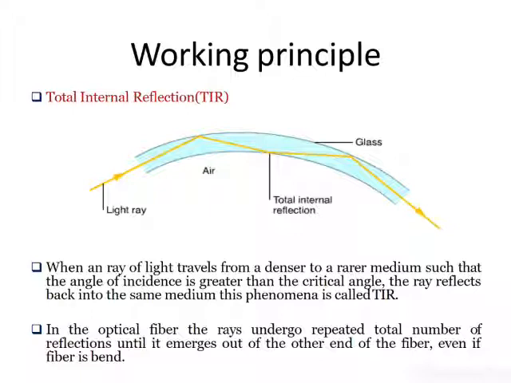This is known as total internal reflection. As it is clear from the figure, in the optical fiber, the rays undergo repeated total internal reflections until it emerges out of the other end of the fiber, even if the fiber is bent.